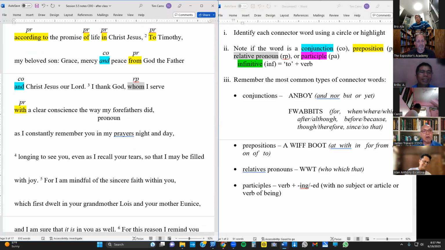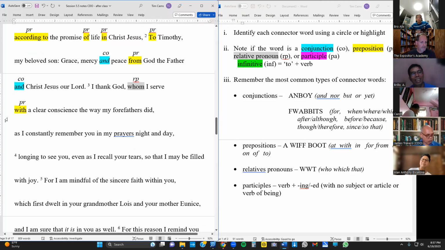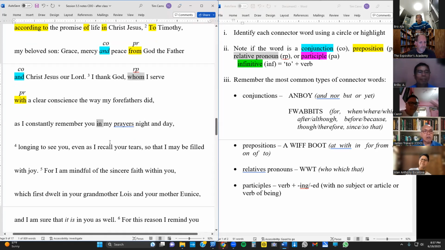So that's not connecting anything. That's modifying forefathers. Okay. Then followed by "in my prayer." "In," what kind is that? Preposition. You are correct.